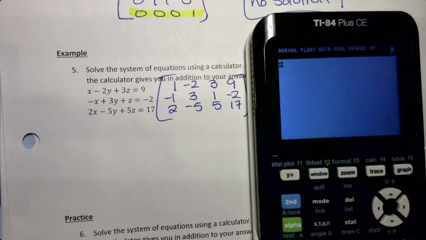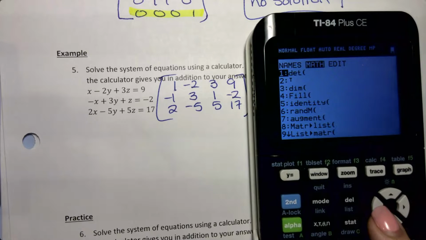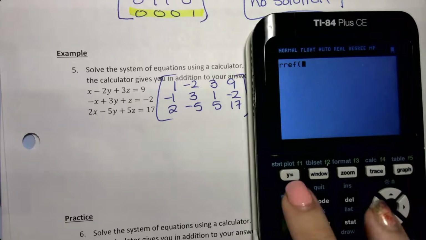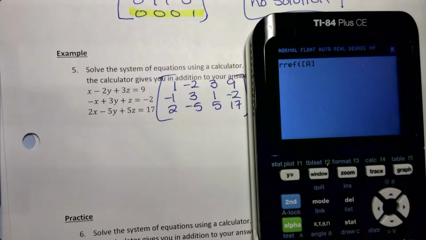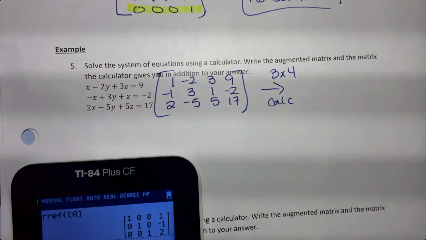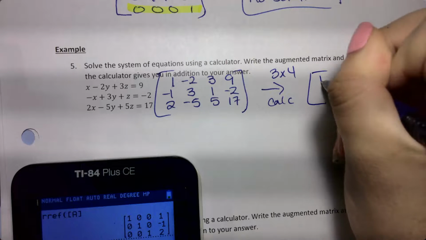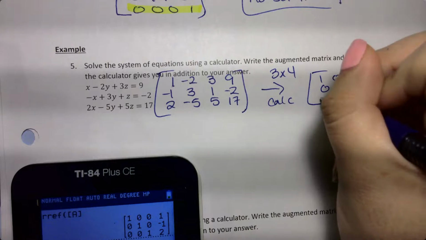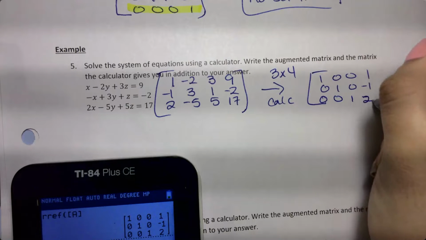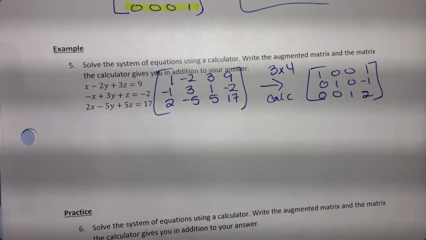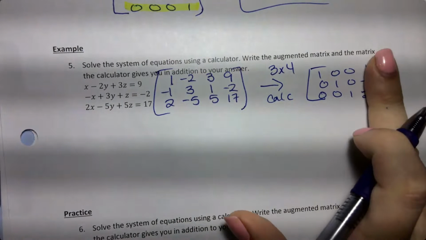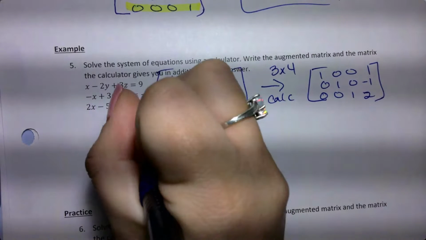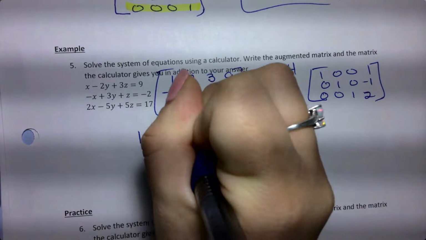Then I go second matrix, math, scroll down to RREF, which is choice B. Second matrix, enter. Copy this one down. Okay. This one, if I take a look at it, it has that nice square with the diagonal of 1s and all 0s. So this one will give me an answer. It's going to be 1, negative 1, 2.